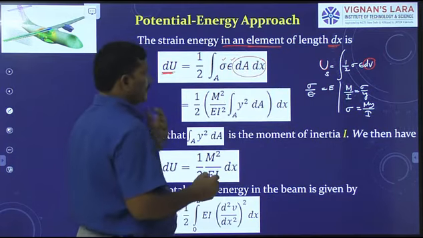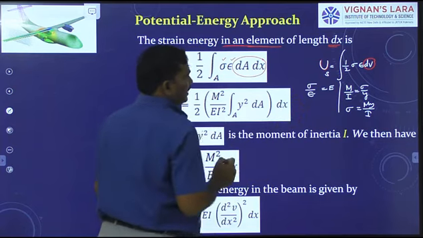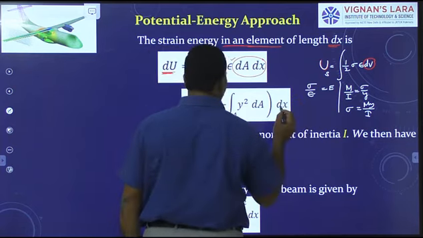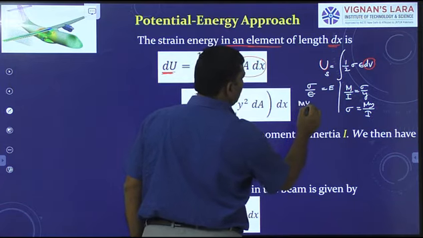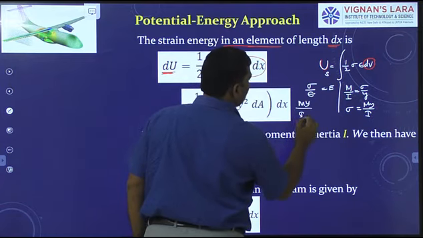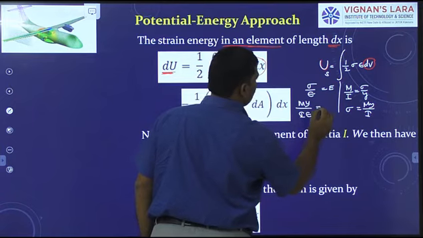So in place of sigma, I write My by I, into epsilon, which equals E.